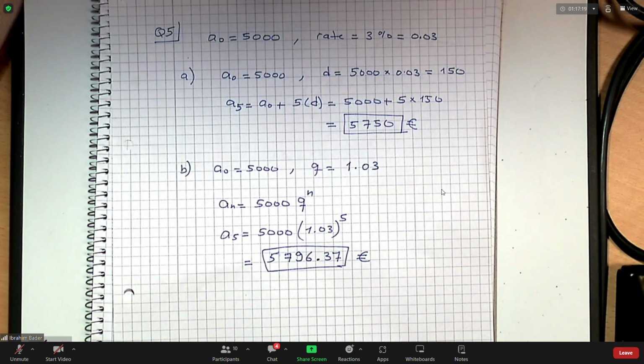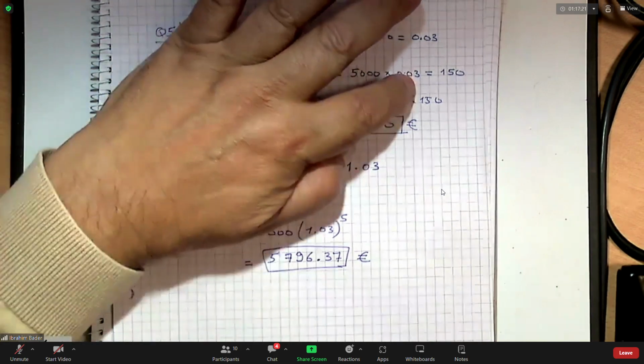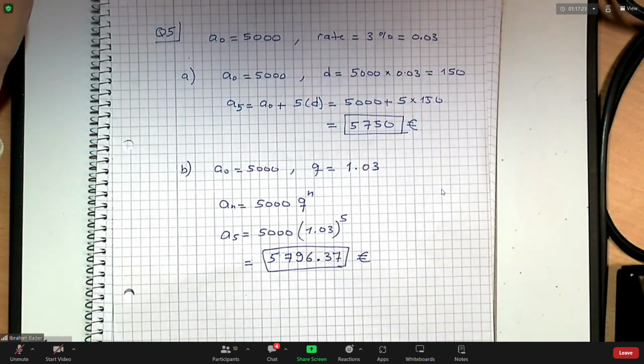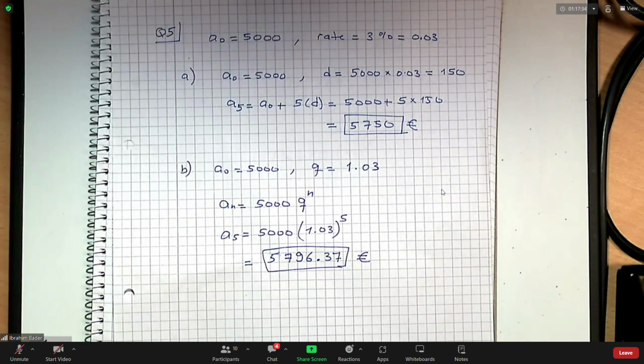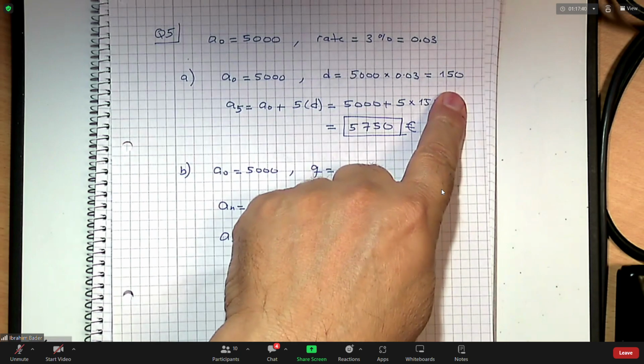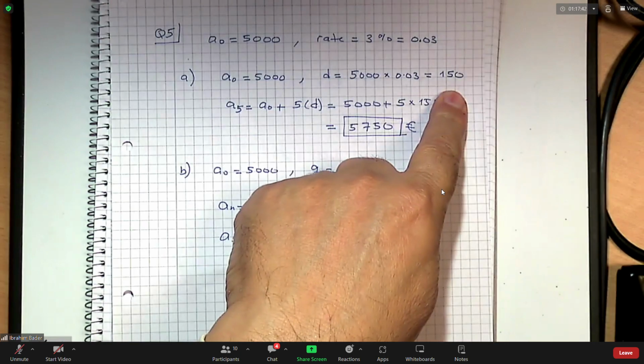Okay, so it's just the amount multiplied by the interest rate, and don't forget to transform the interest rate into decimal. So for instance, if you invest 5,000 euros at 3% for 1 year, then you will be getting at the end of the year 150 euros.